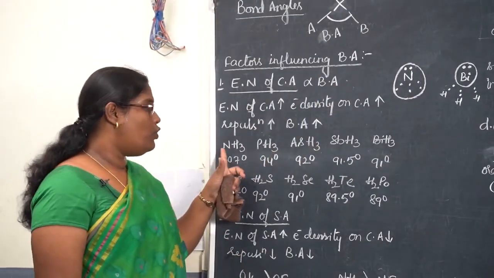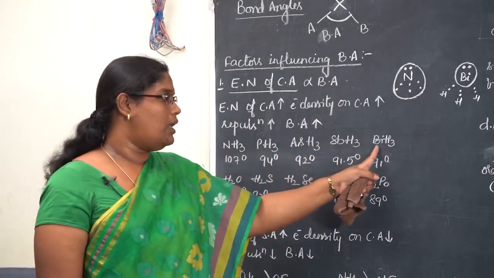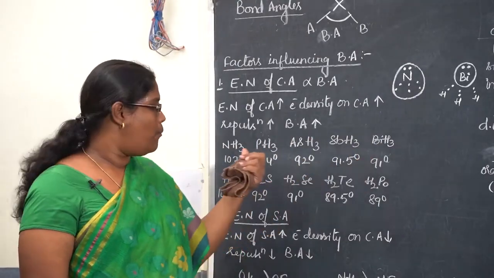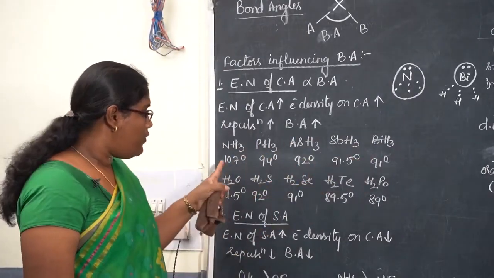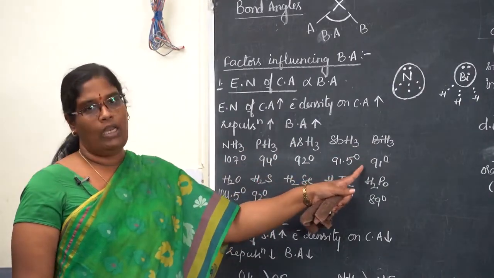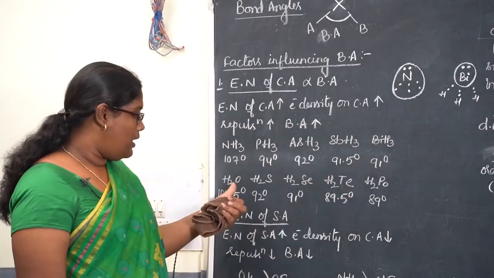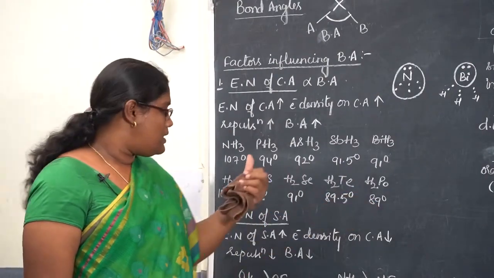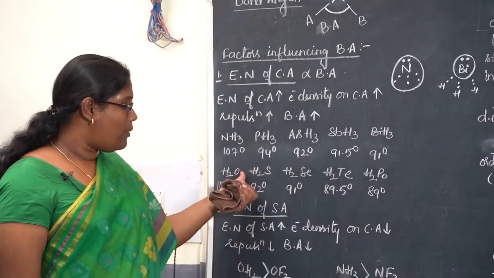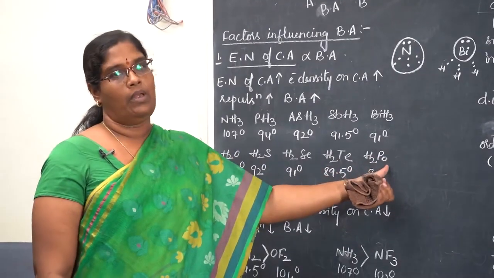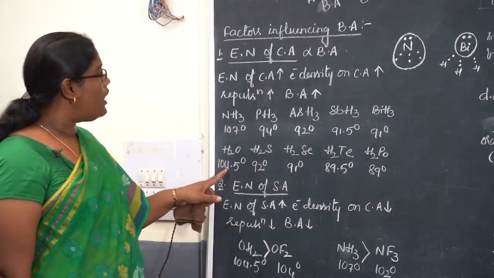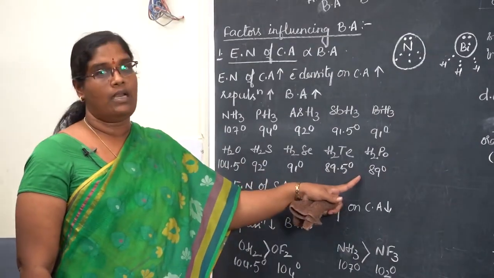As you move from ammonia to bismuthine, the electronegativity of the central atom is decreasing, so the bond angle decreases, which you can observe in their values. Similarly, water to hydrogen polonide. These are also in the same group. From oxygen to polonium, the electronegativity of the central atom is decreasing, therefore the bond angles decrease.